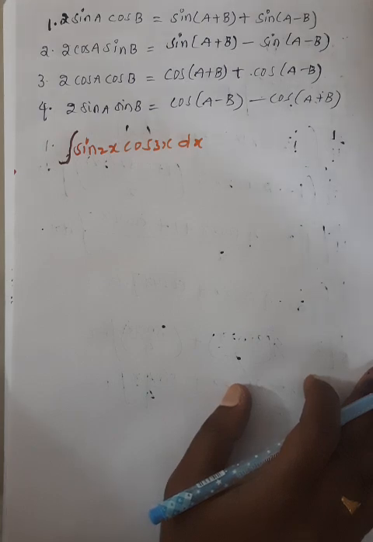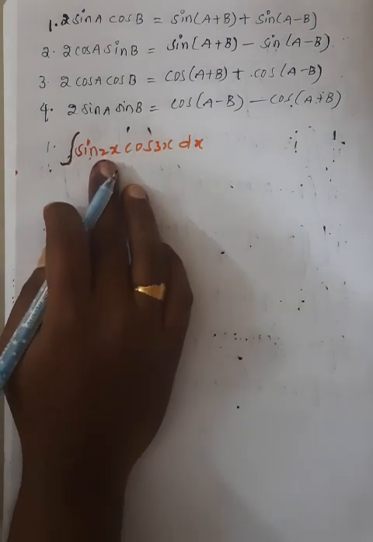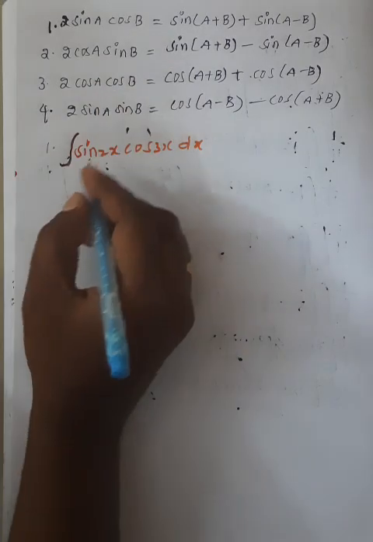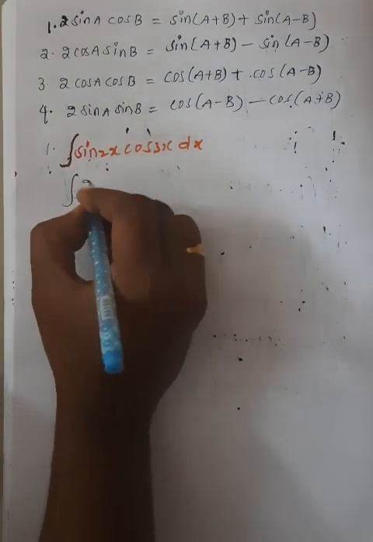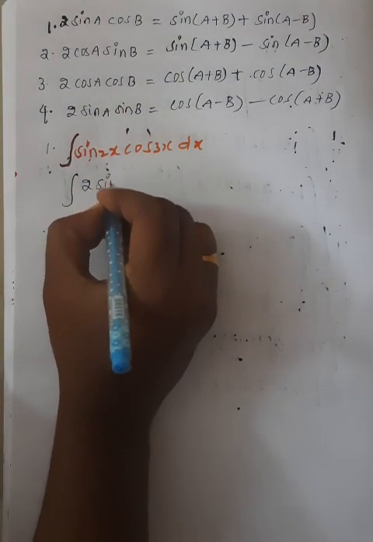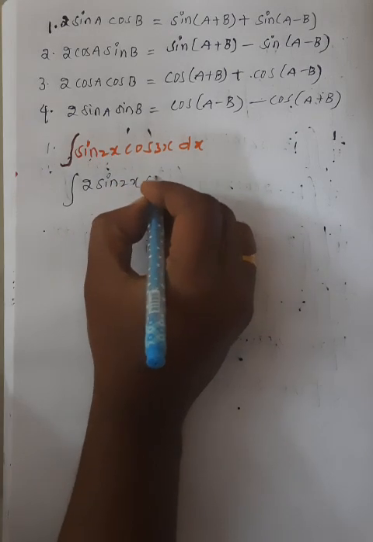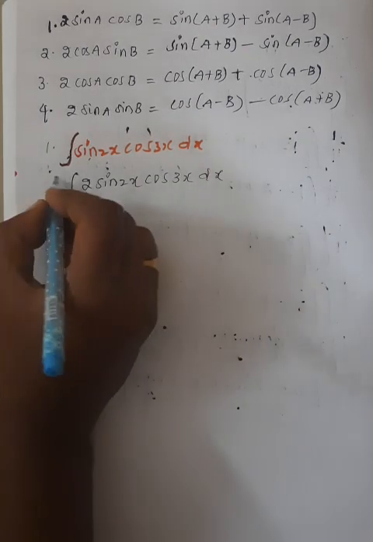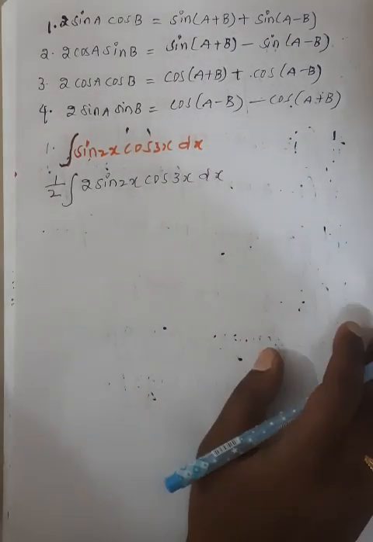So in order to use 2 sin a cos b, we have to multiply and divide with 2 for this question to get the formula as 2 sin a cos b. So multiply and divide with 2, you will get 2 sin 2x into cos 3x dx. So division of 2 should write outside.